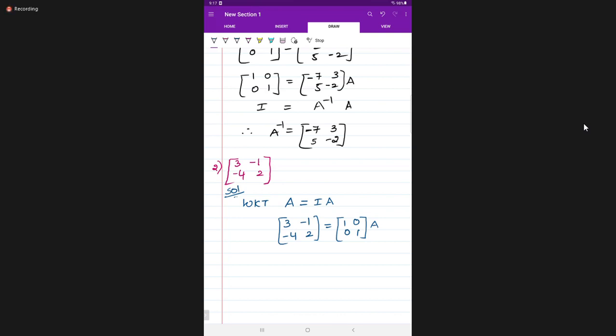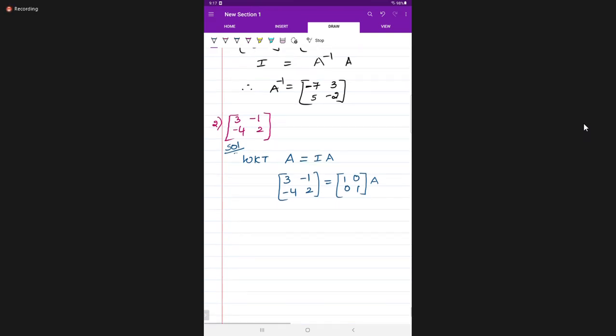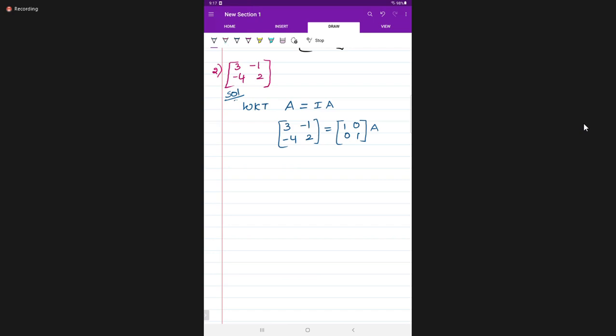Now tell me, students. This -4 and this -4, make it 0 with the help of the upper element.